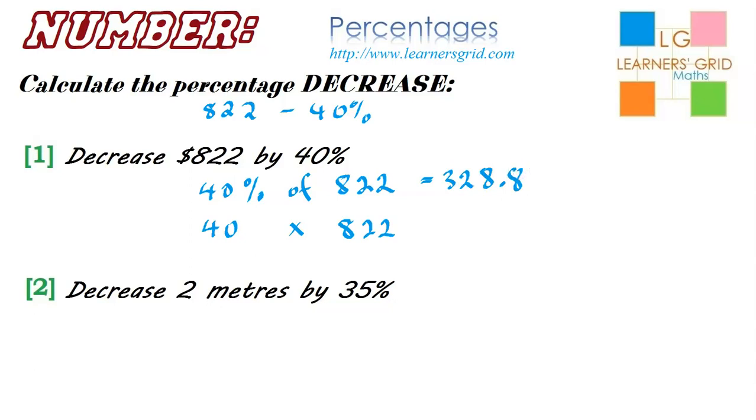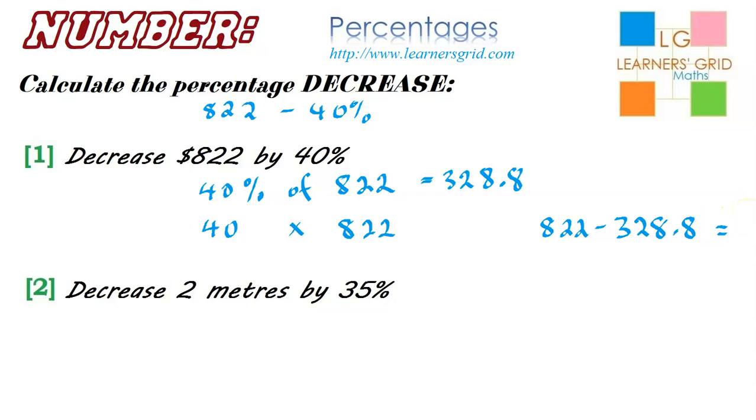Now, at this point, you've got two choices. You can either use your calculator to type in 822 minus 328.8, and you just clear your calculator and type that in, push equals, and yes, you will get the correct answer.